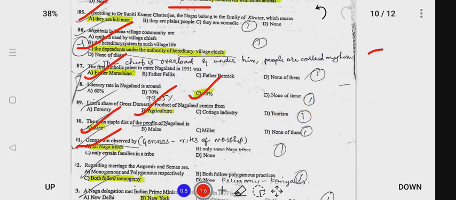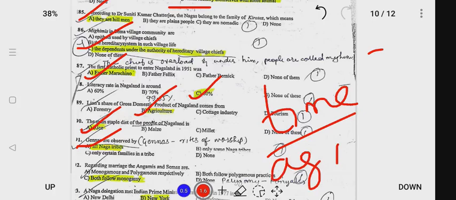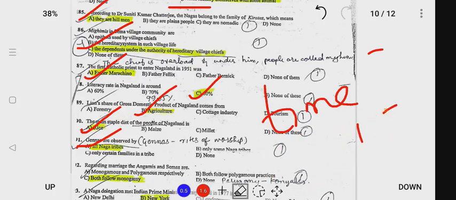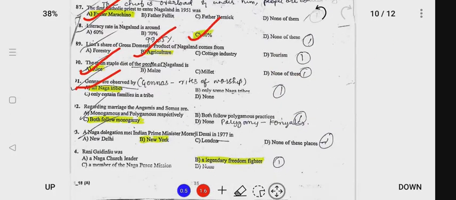It is a time period when everything is prohibited: agriculture, visiting other villages, and other activities like consumption of meat are banned during the Genna. Next, regarding marriage, the Angamis and Semas follow monogamy, meaning only one marriage, but the Konyaks follow polygamy, meaning having many wives.